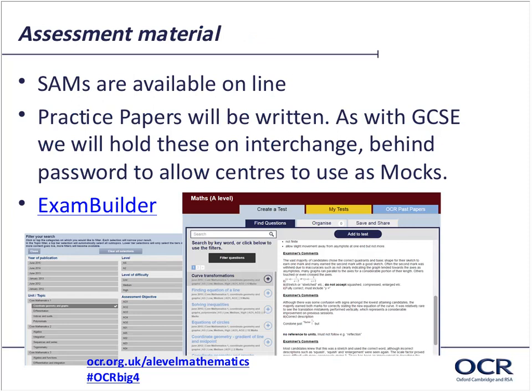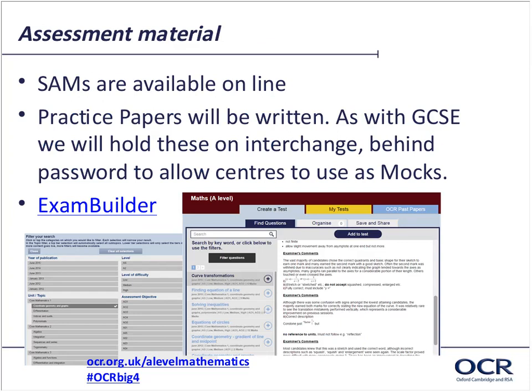We will have 3 practice papers written in total, and these are being written specifically for the new specification. They are not questions taken from past papers. But we will have those past papers available on Exam Builder, which you can access.